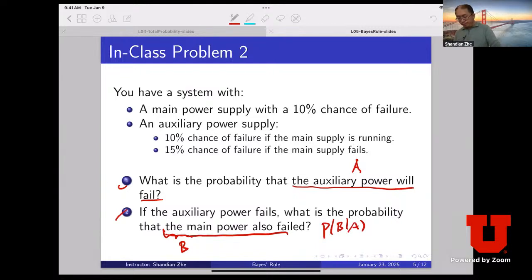Okay? So again, let's try to apply the Bayes rule. First, we look at the inverted version of this. The inversion of this is P of A given B, right? So what is P of A given B?